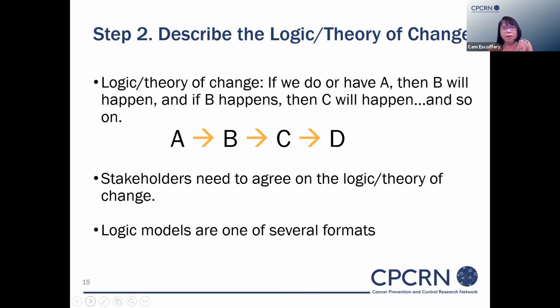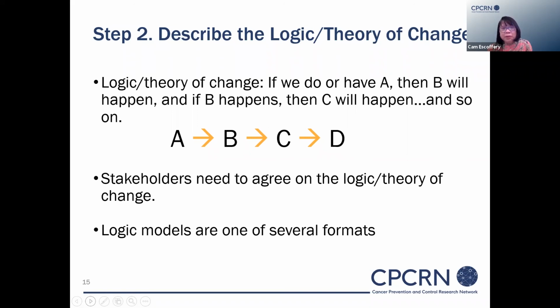So these are all the components of the program that you have to have in place. So if you have health education materials as A, B is also educating clinical staff, and so on. For each of these components, you're saying that these are necessary to be able to impact your outcome.